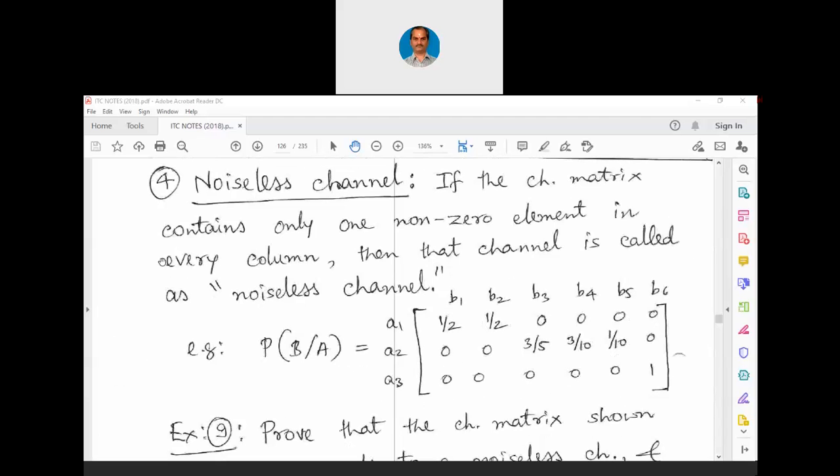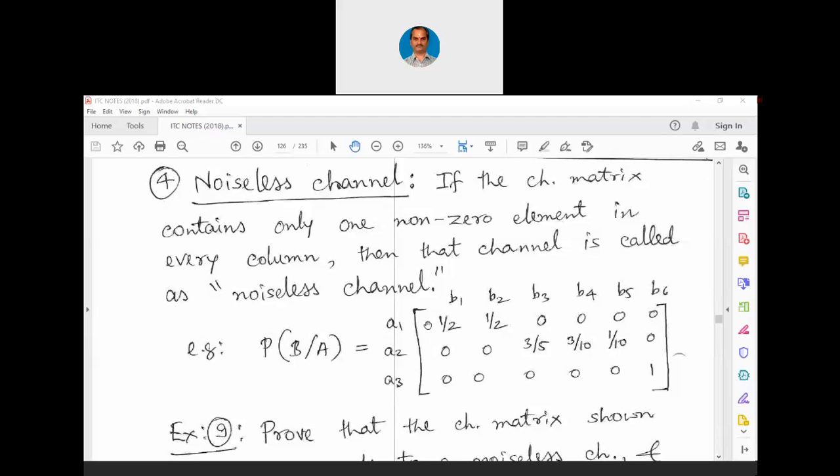Now let us discuss the fourth channel, called the noiseless channel. If the channel matrix contains only one non-zero element in every column, then that channel is called a noiseless channel. This we had discussed briefly earlier also. You can see an example. P(B/A) equals a matrix with A1, A2, A3 and B1, B2, B3 up to B6. That means we have 6 destination symbols and 3 source symbols.